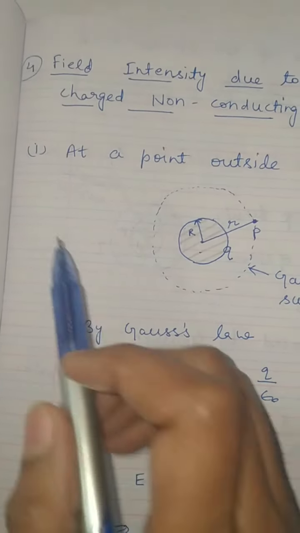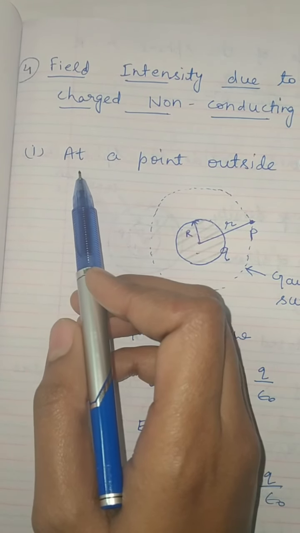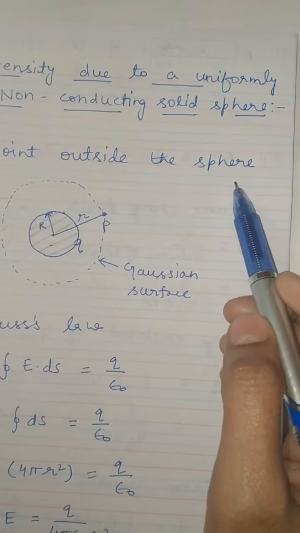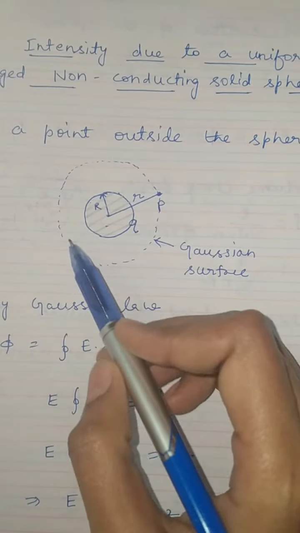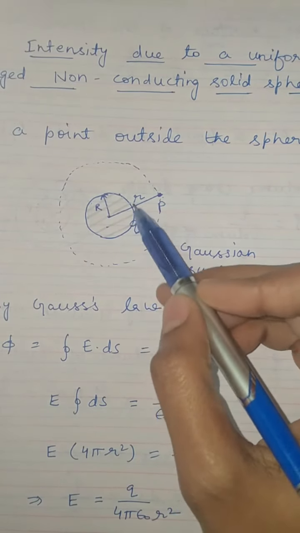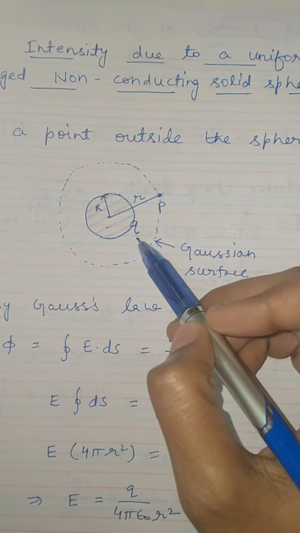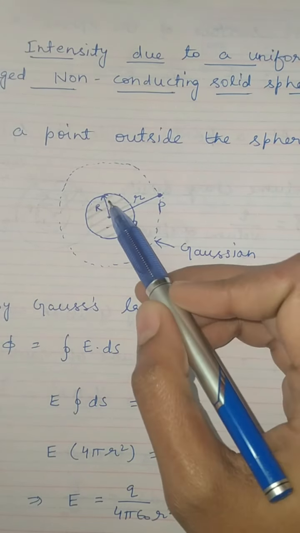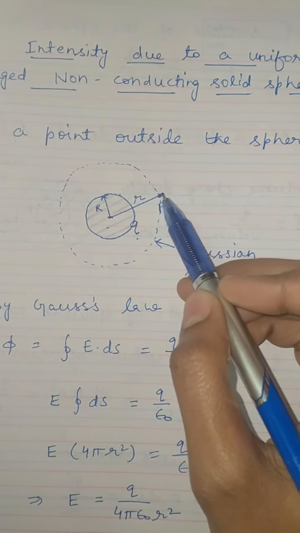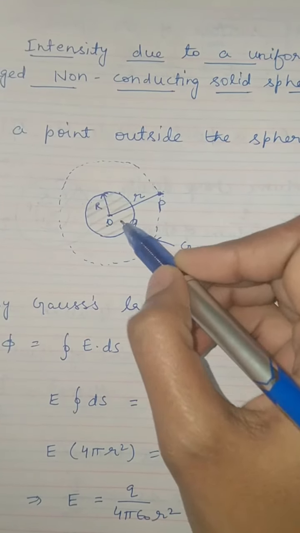So the first case is we are calculating the electric field at a point which is situated outside the sphere. Like in this figure, we can see the point P is taken outside the sphere. This is the uniformly charged sphere and it is charged by charge Q. Its radius is capital R and small r is the distance of this observation point from the center of the sphere.